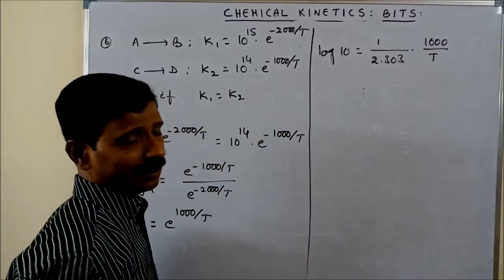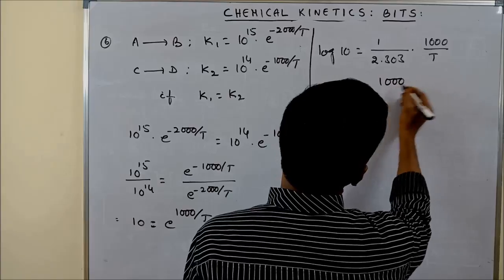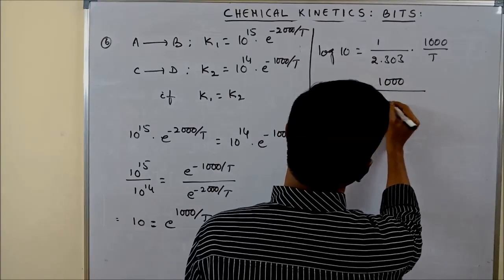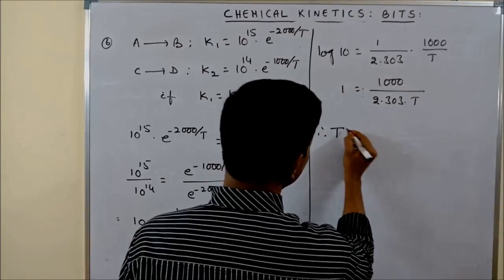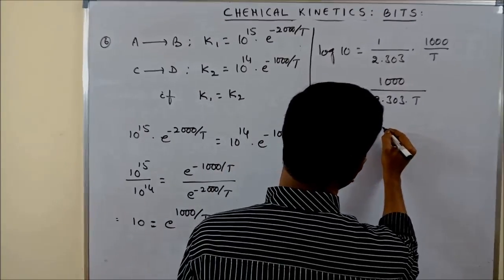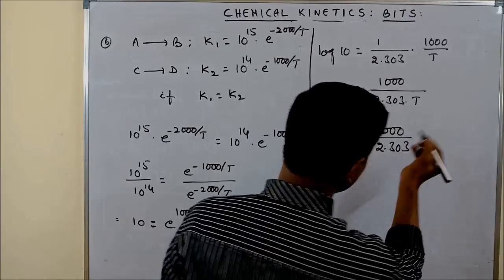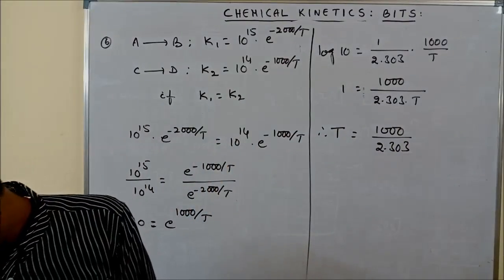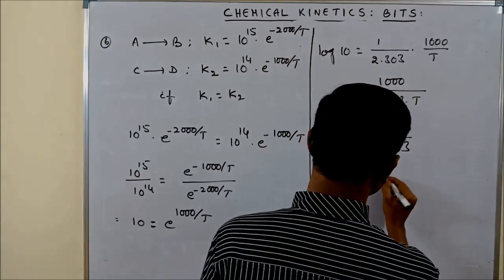Now what is log 10? Log 10 is 1. So 1 equals 1000 by 2.303 into T. Therefore T equals 1000 by 2.303, which is approximately 434.2 Kelvin.